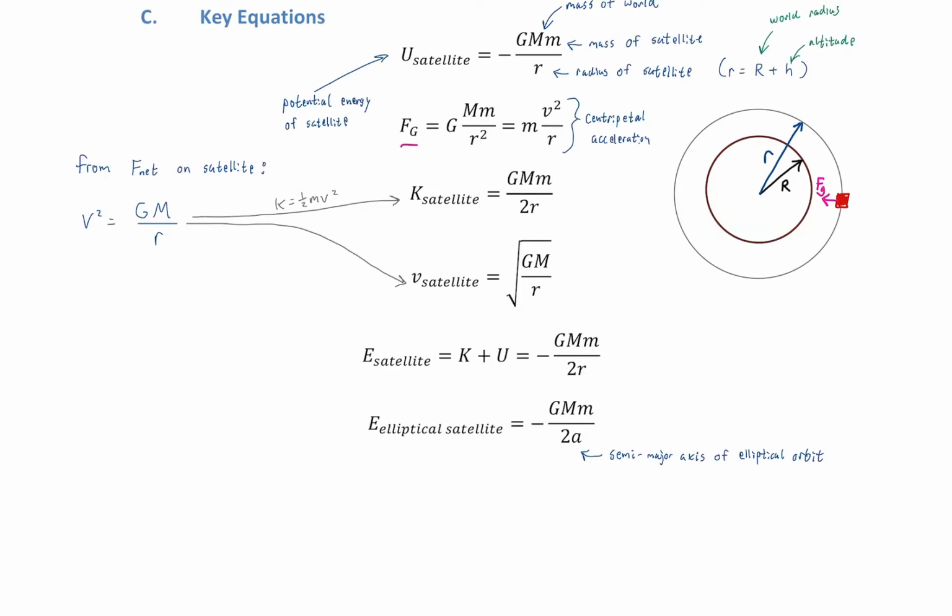Instead, we're just going to take one quick view of it, and all I want you to know is that you can replace the radius with the semi-major axis of the elliptical orbit, but the form is otherwise identical. What's interesting about this is that it can allow for a variation in the period of the orbit. So changing from a circular orbit to an elliptical orbit can change the period of the orbit. You'll see that in the final example.